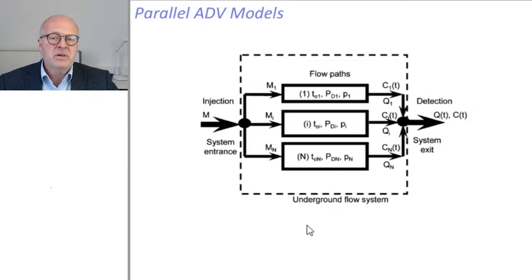But let's stay with the advection dispersion model for the time being. So you actually have to subdivide this, and then you get percentages going into the first, second, and third one. And each one may have different flow velocities and advection dispersion parameters, PD or DL, and finally you get a combined result.